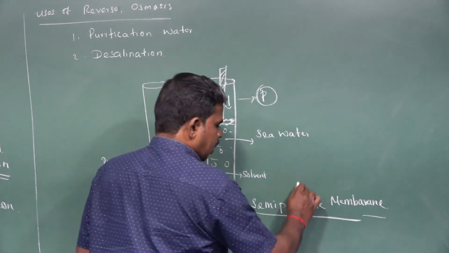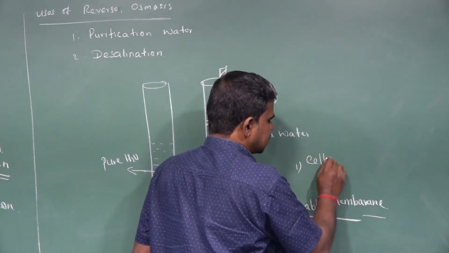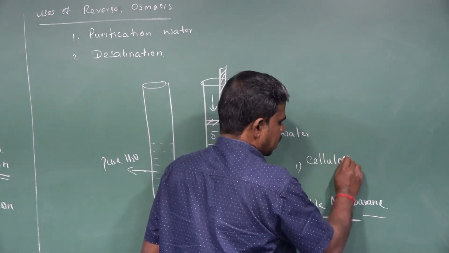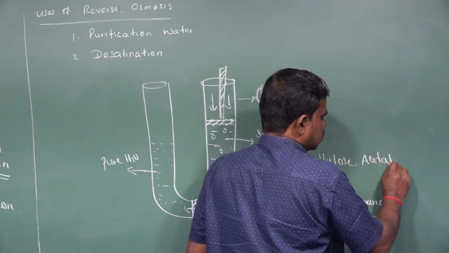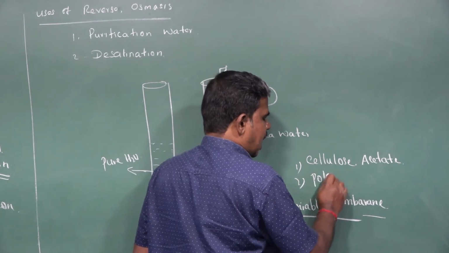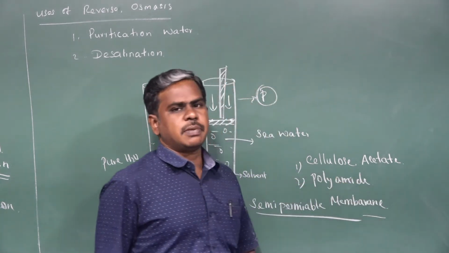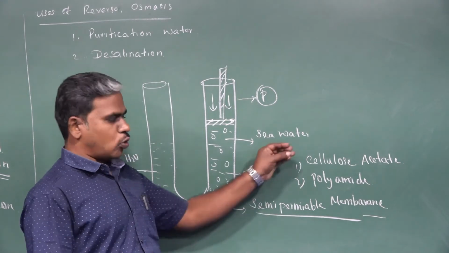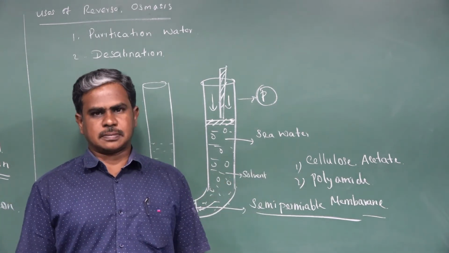The semi-permeable membrane may be cellulose acetate or polyamide. Polyamide and cellulose acetate are mostly taken as semi-permeable membranes. So this is reverse osmosis.